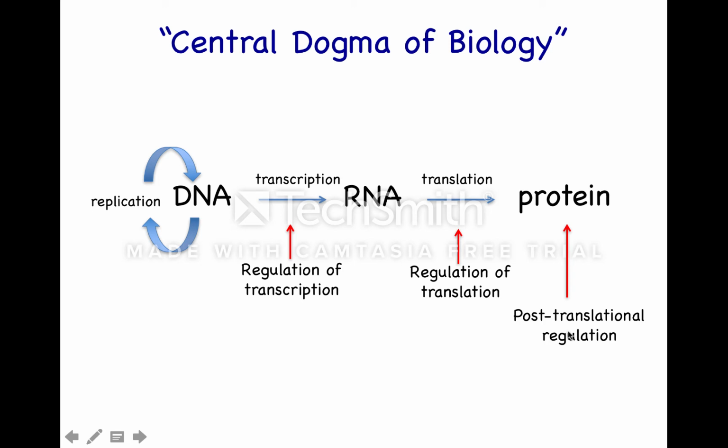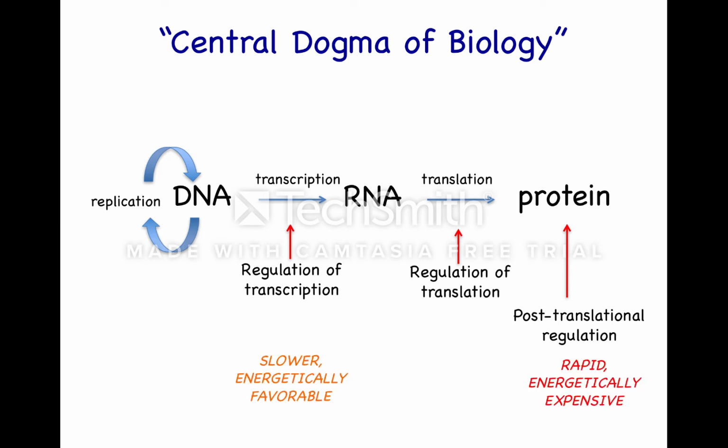So if you want to quickly regulate a protein, the fastest way to do this is actually to modify the protein itself. You can quickly, rapidly slap a phosphate group or add a modification group to a protein and alter its activity, and even cause that protein to be degraded.